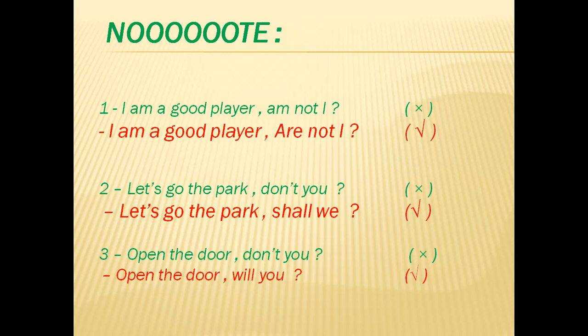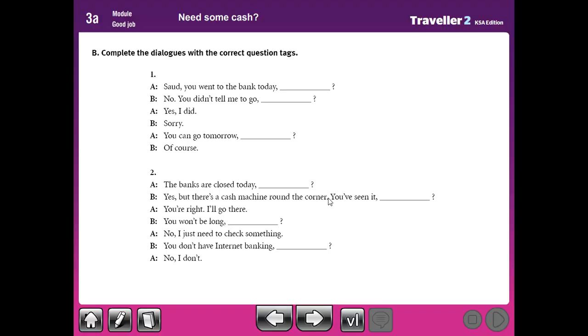Okay, now please open your book, page 35, exercise 4B. Yes, this is exercise 4B in your student's book, page 35. Yes, let's answer. Complete the dialogues with the correct question tags. 1. A: So, you went to the bank today.